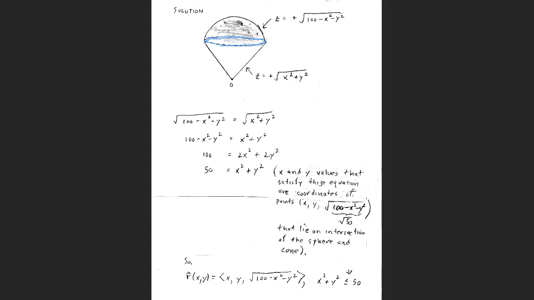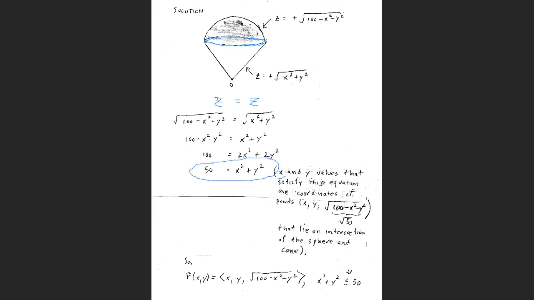Well, when we set the equations of the sphere and the cone equal to each other, we're saying, find the x and y values that will satisfy that curve of intersection. And it turns out that 50 equals x squared plus y squared.